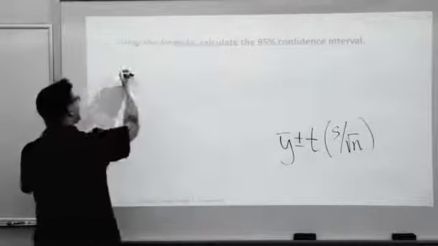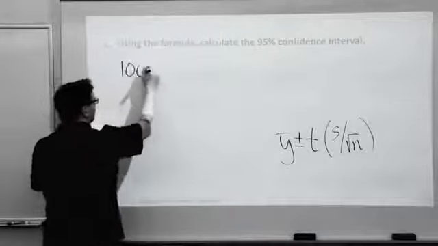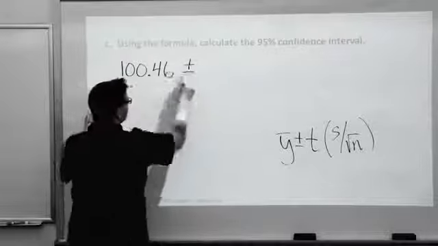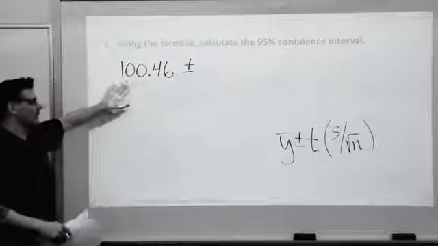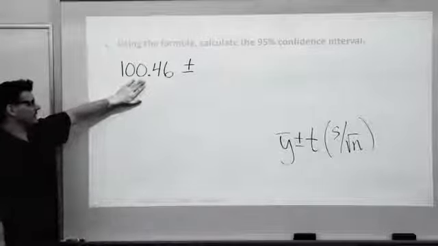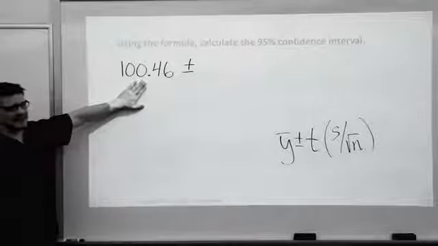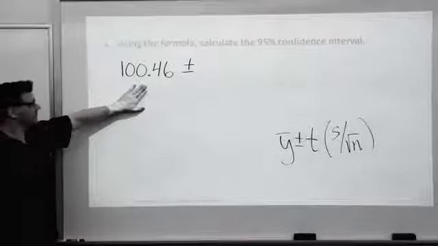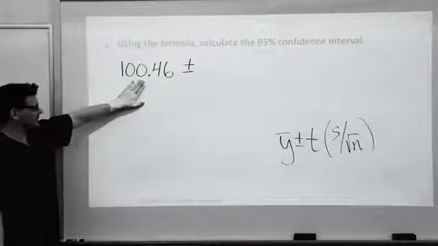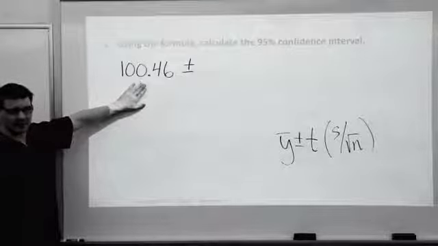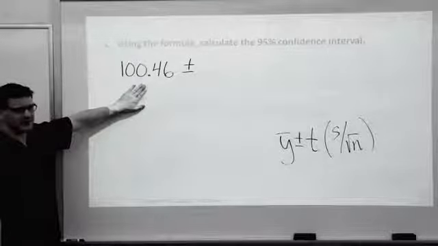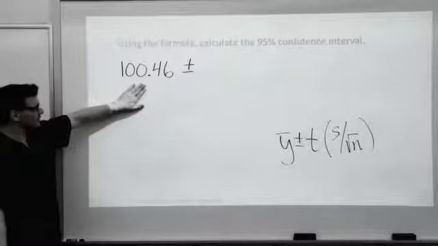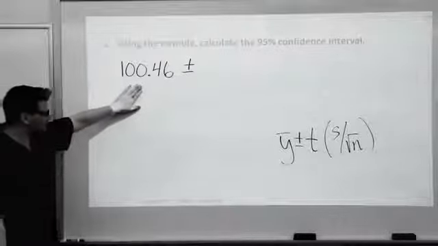And so y bar, our sample mean, was 100.46 plus or minus. Now right away, say students, does this seem like any evidence that Cecil College students differ from the general population? Right? The sample was about a half point higher. I mean, are you convinced we're smarter than average here? I'm not sure, right? This is pretty darn close to 100, which makes sense to me. So we'll keep that in the back of our minds.